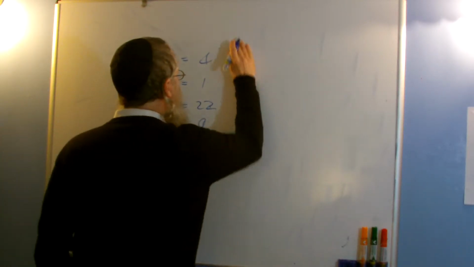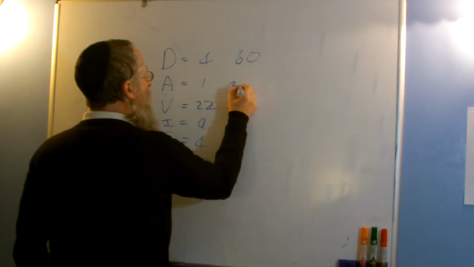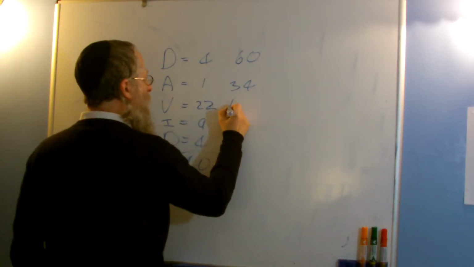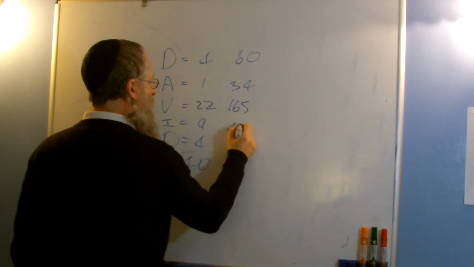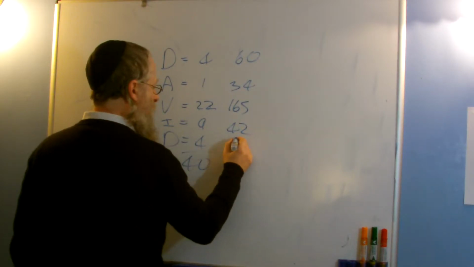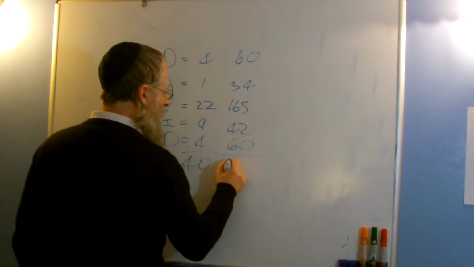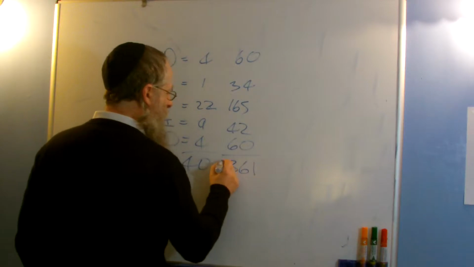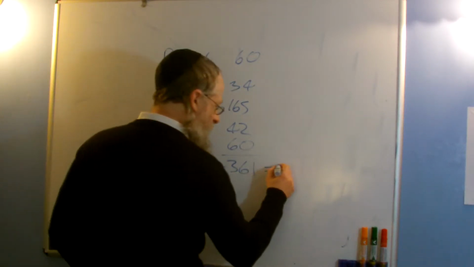The large values are 60, 1 is 34, 22 is 165, 9 is 42 and 4 is 60. If I add those together, I'll get 361.